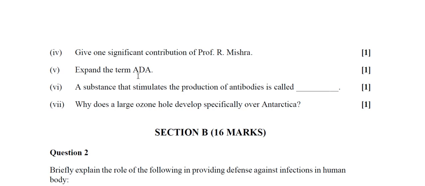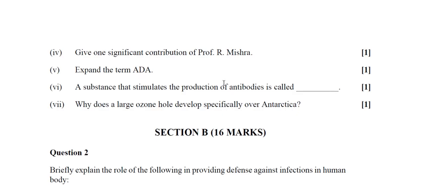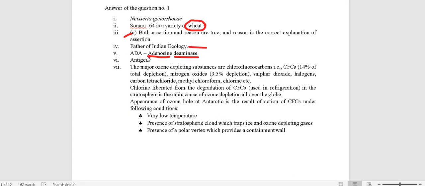The correct answer is adenosine deaminase. This is the expanded form of ADA. Next, question number 6. A substance that stimulates the production of antibodies is called dash, and the correct answer is antigen.